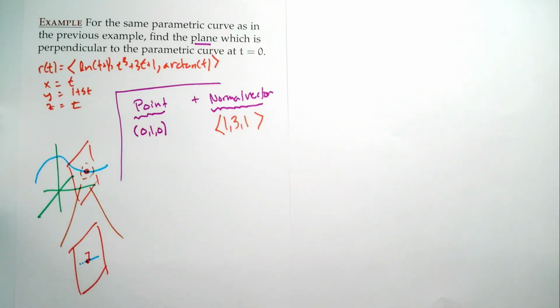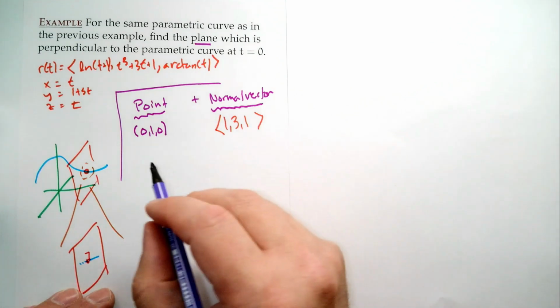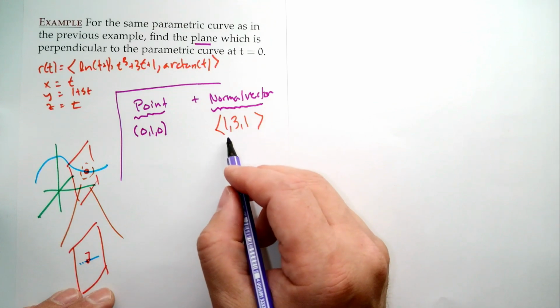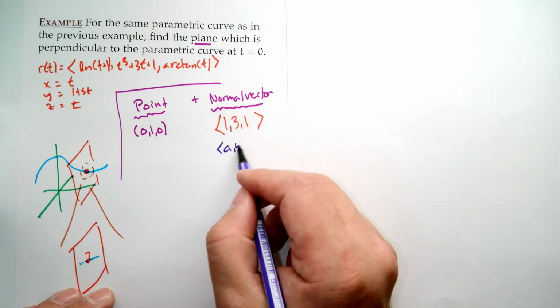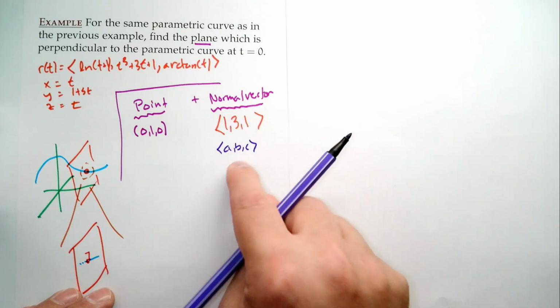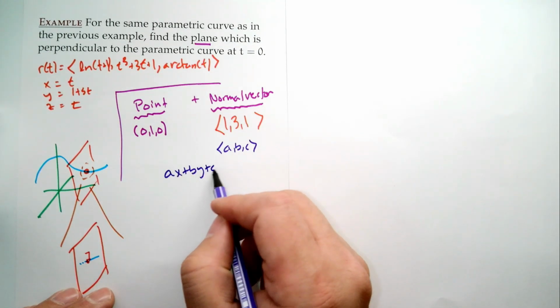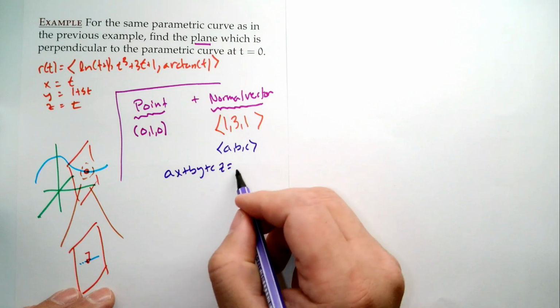So here, when we're looking at the plane that slices the curve, it's going to be the same as the normal vector comes from our derivative. Well, once you have point and normal vector, then you can write down your equation for the plane. So remember, for a plane, if you have a, b, c as your normal vector, you're going to get ax plus by plus cz equals some number d.